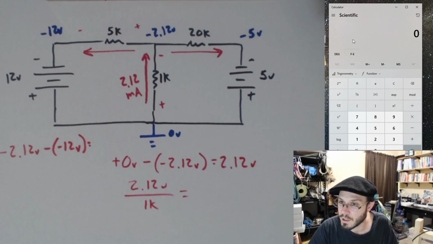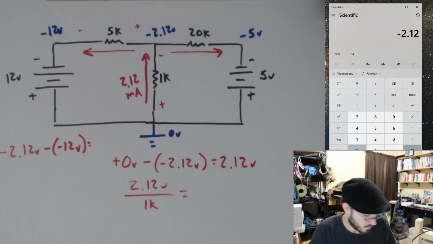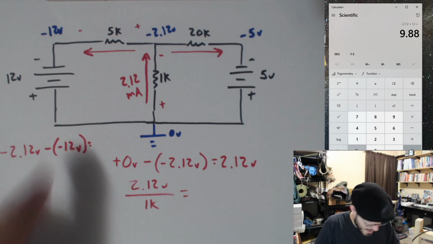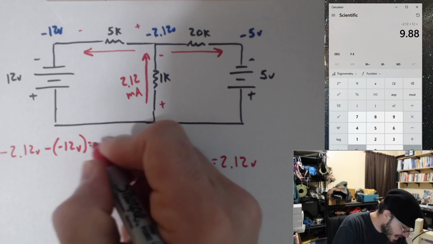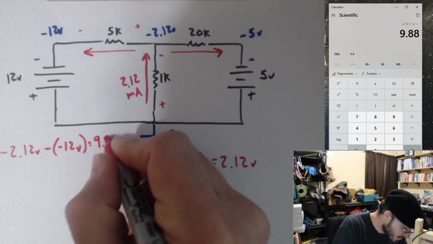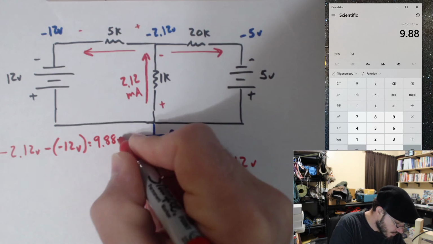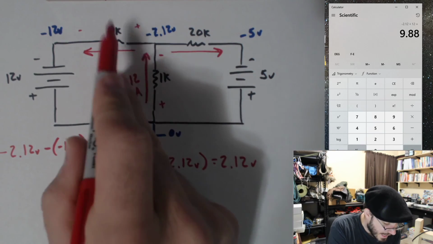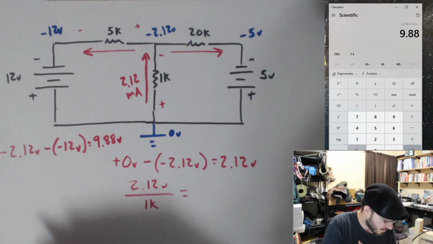Minus 2.12 minus a minus 12, so plus 12, is 9.88. Okay, 9.88. That's the voltage drop across the 5K.